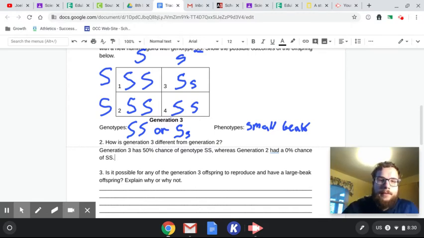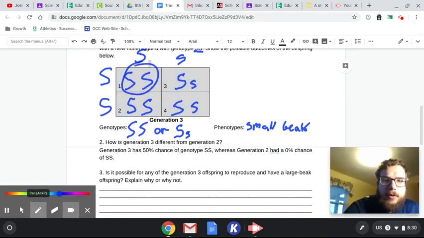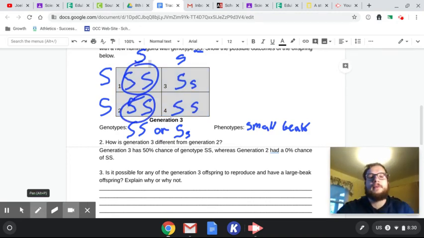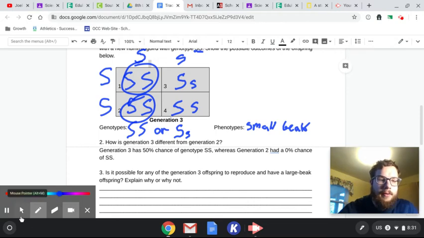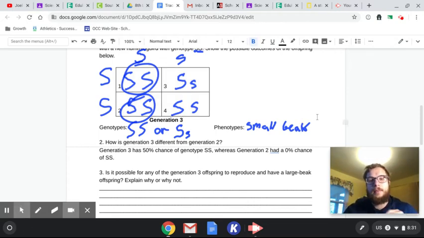If you're this one or this one, there's a 50% chance that you could have double dominant traits in generation 3. And in generation 2, there was no chance that you could have that. So that's our main difference.